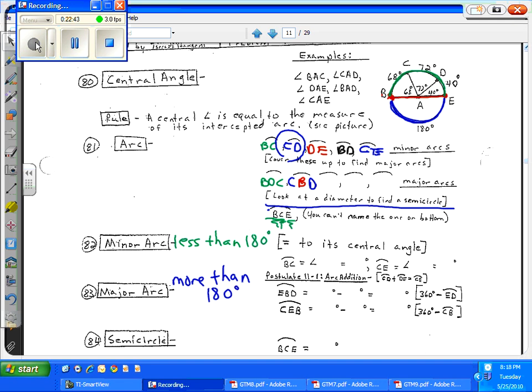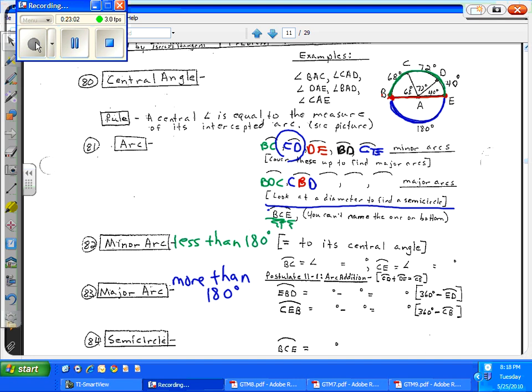We really should say between 180 degrees and 360 degrees. If we say between 180 degrees and 360 degrees, that does not include the 180 or the 360, but it does include everything between those. Okay?